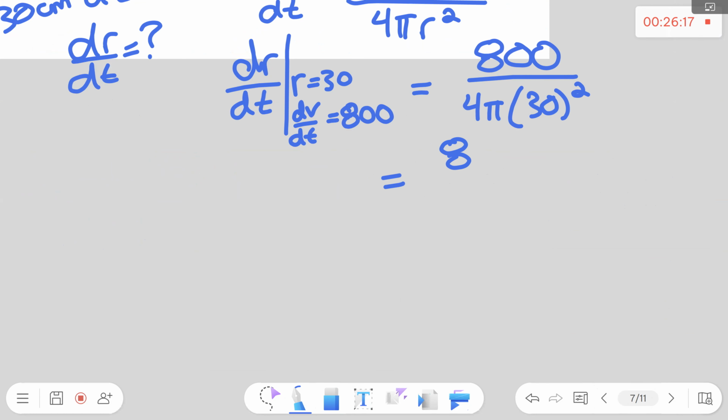So I've got 800. 30 squared is what? It's 900. Well, it's 9 times 4. So I got 4 times 900 pi.